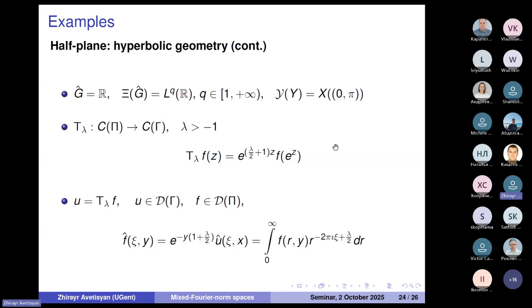So whatever properties you have proven for the model case with respect to the Fourier transform apply to the Mellin transform in this hyperbolic geometry.